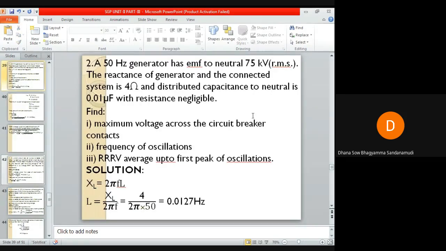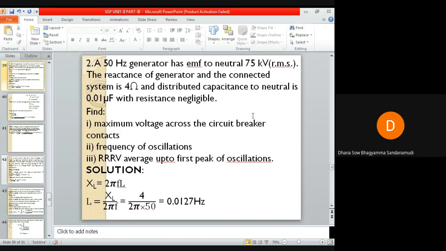Okay, in this problem, a 50 hertz generator means the frequency of the EMF is 50 hertz. The generator has EMF to neutral 75 kilovolts RMS value given. Line to neutral voltage is given here.